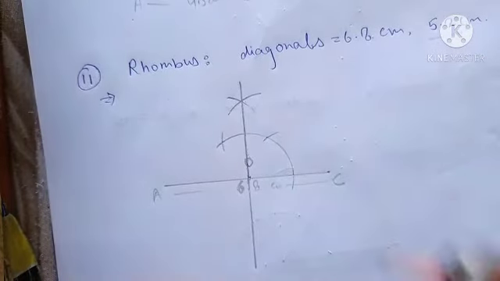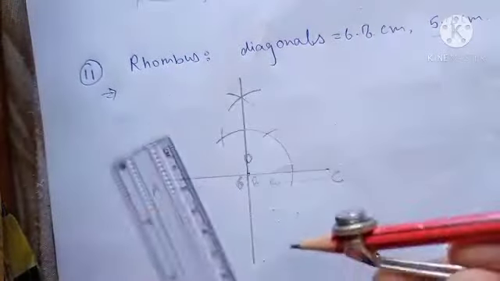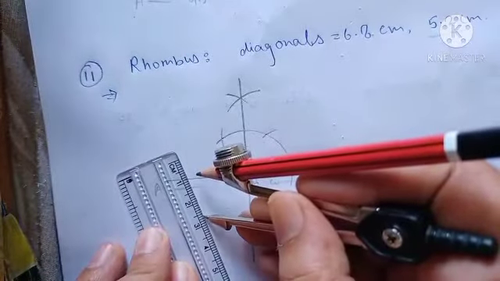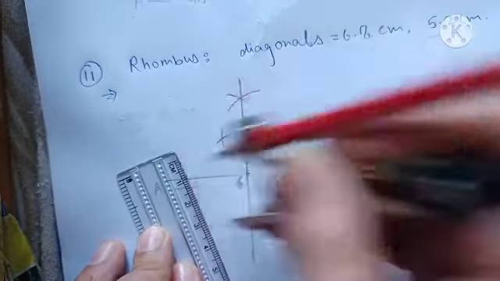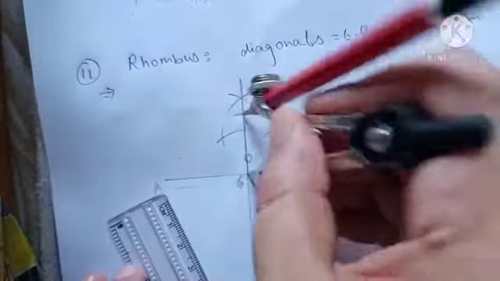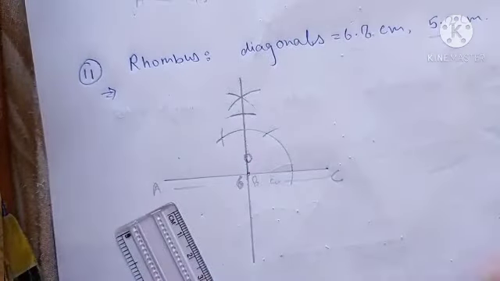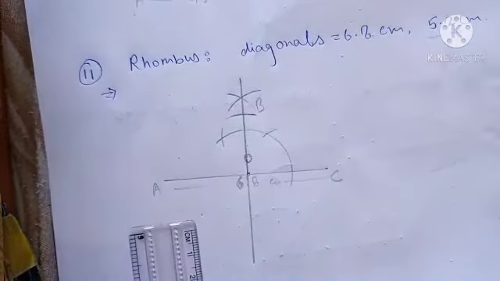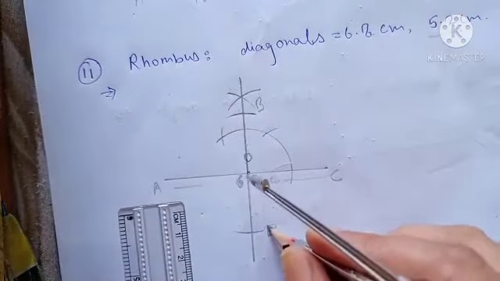So we have to take O as center and 2.6 centimeter as radius, and we will draw an arc which will cut this line at B. Now on the other side, again we will draw an arc which will cut this line again at D.